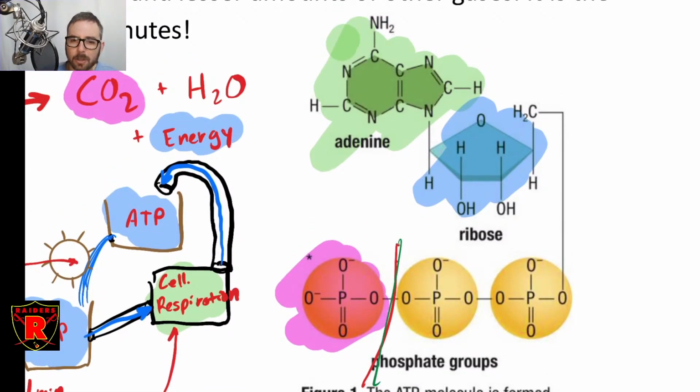This is the energy molecule that virtually everything in your cell uses. So when we're talking about muscle cells contracting, or this protein being built, or ribosomes building things, anytime we talk about stuff being built or done inside the cell, that takes energy. You need energy to do things.